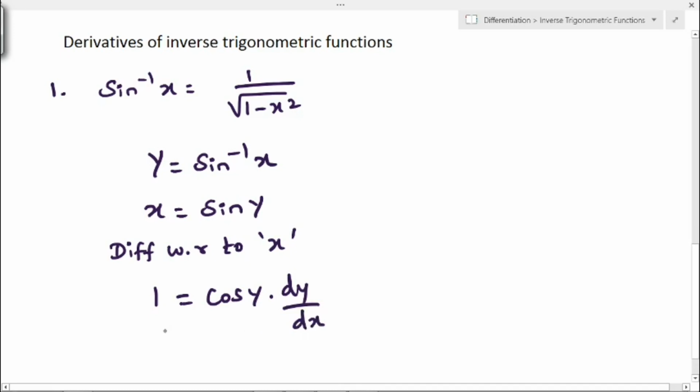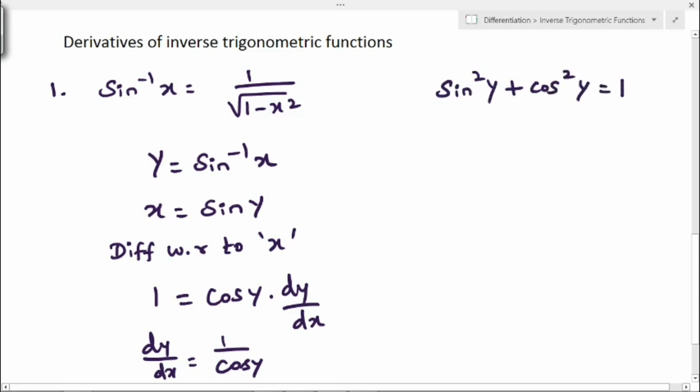So from this equation, what is dy by dx? Dy by dx value is 1 divided by cos y, because I am taking this cos y to the other side, it will become 1 divided by cos y. Now we have to use the equation, that is sin square y plus cos square y equal to 1.